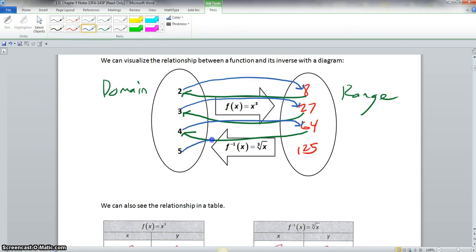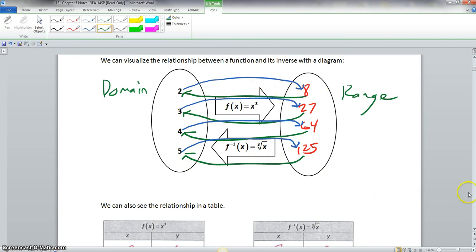So we know using our function, that gave us 125. Now to do our inverse function, we would end up back at 5. So this is basically showing you the relationship between the regular function and its inverse. They should get each other.